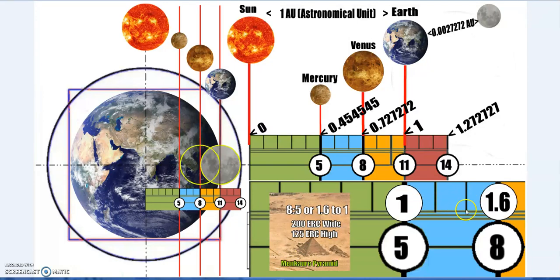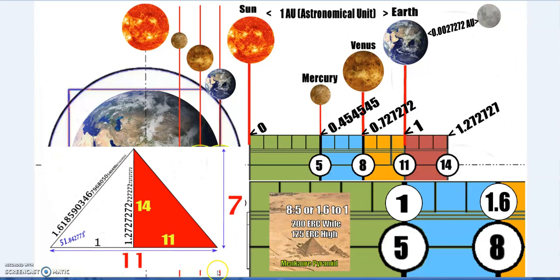Now that would create a 1 to 1.6 distance. Now the Great Pyramid itself, or the Meidum pyramid, or the capstone at the Red Pyramid, is 7 to 11, therefore 1.27. So if the half base is 1, the height is 1.2727, therefore the slope is 1.61859.